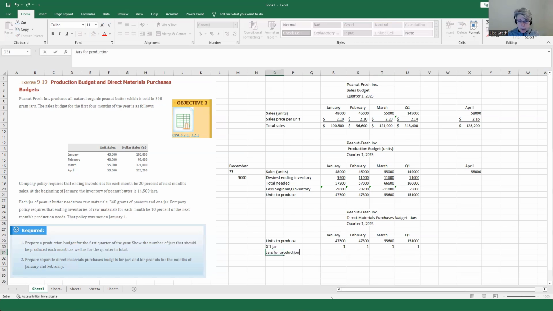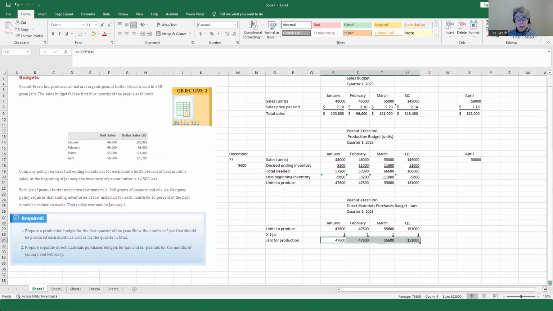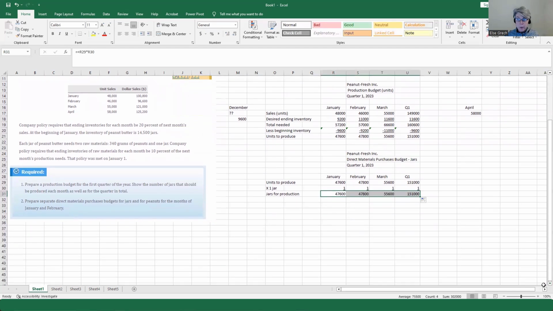Oops, production, learn how to spell. And of course, I'm just multiplying these. It might be silly to do that, but I'm going to do it anyway, because I'm going to use my usual structure so that we get used to producing the same structure. So this is no longer units. This is now jars. That's the number of jars I need.